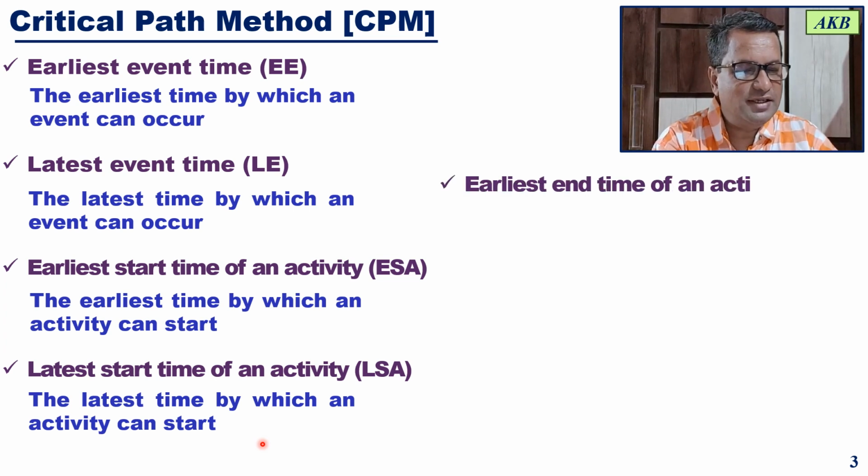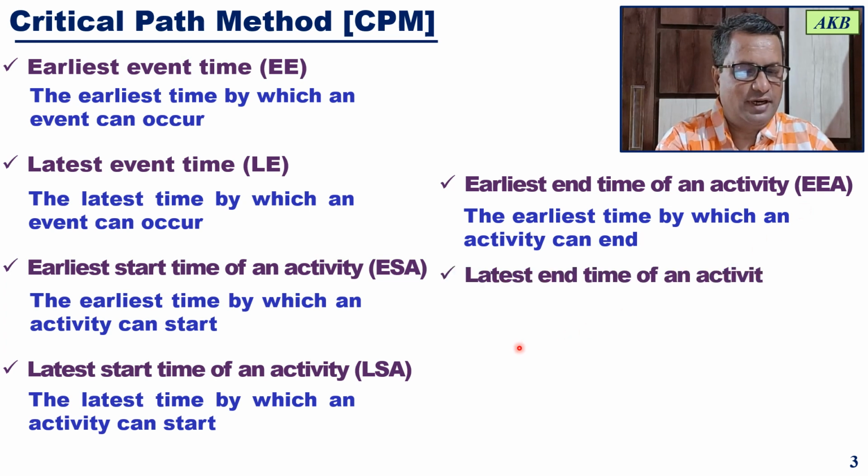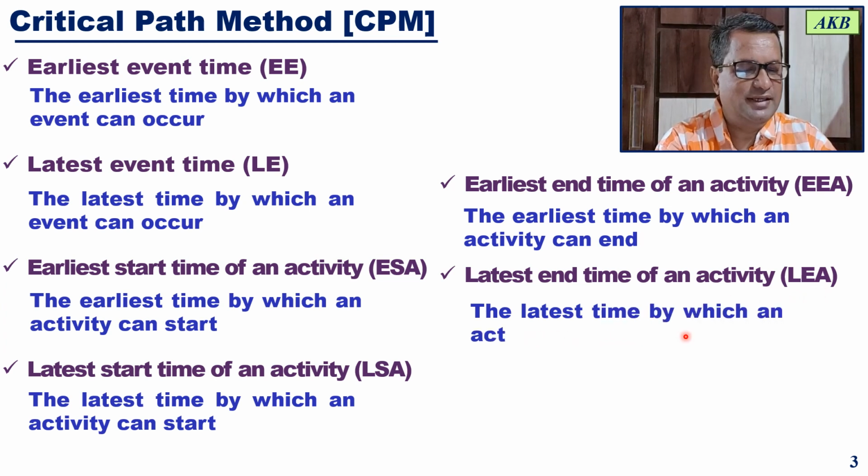Then you have earliest end time of an activity. What is that? The earliest time by which an activity can end is its earliest end time, and that will be denoted by EEA. And then finally you have latest end time of an activity, which will be denoted by LEA. This is the latest time by which an activity can end.